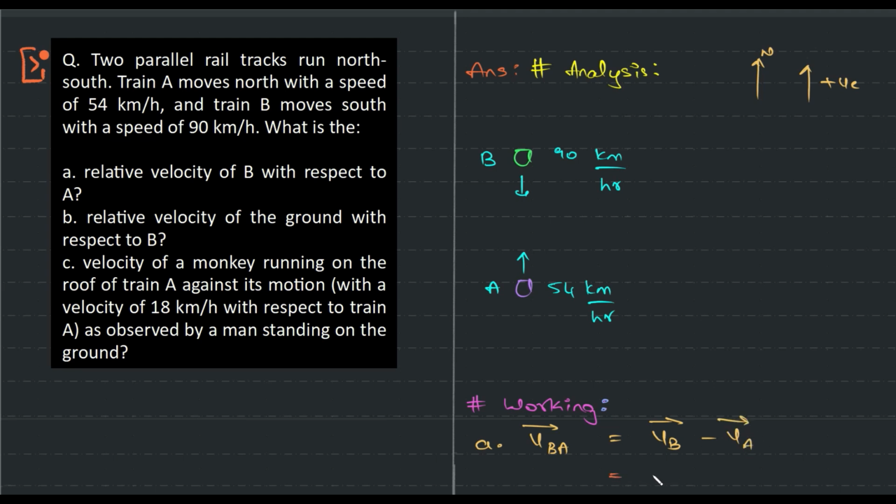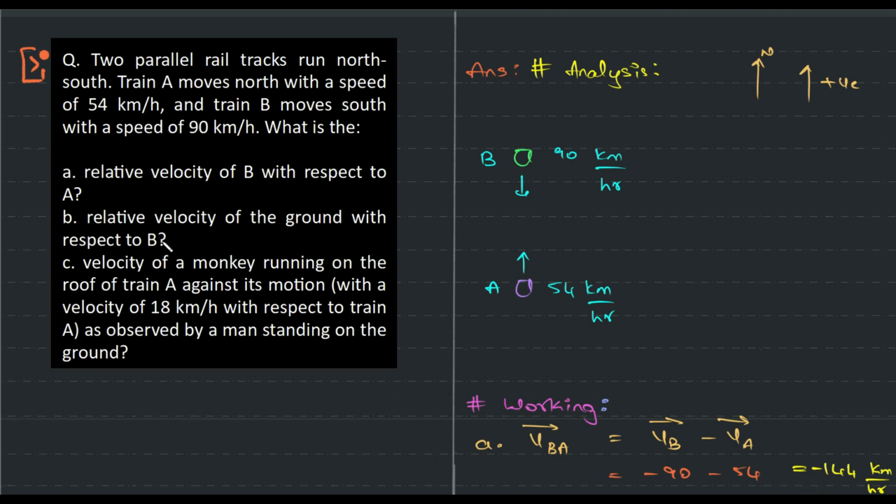VB is minus 90, VA is minus 54. And so this would be 144 kilometers per hour minus. So basically B is coming towards A from north to south, and that is indicated by the negative sign.